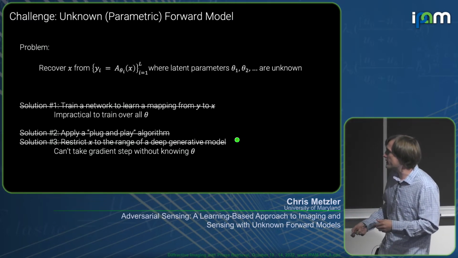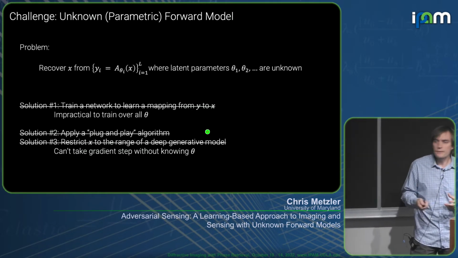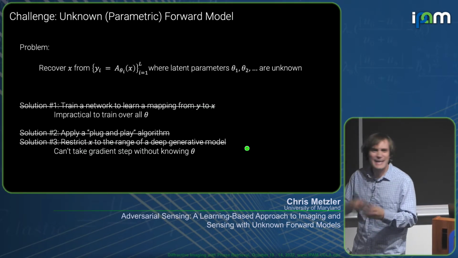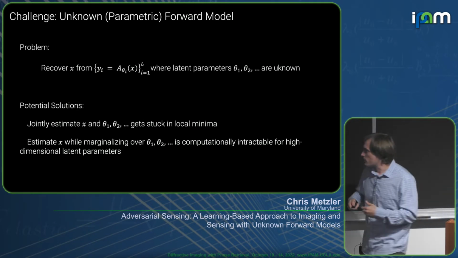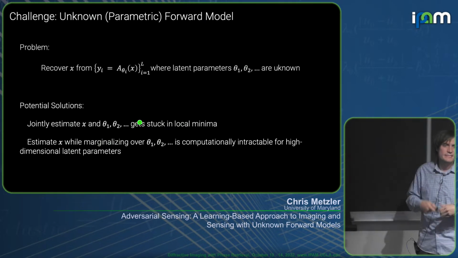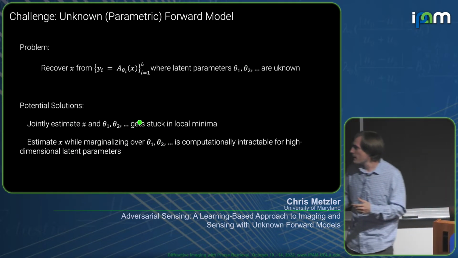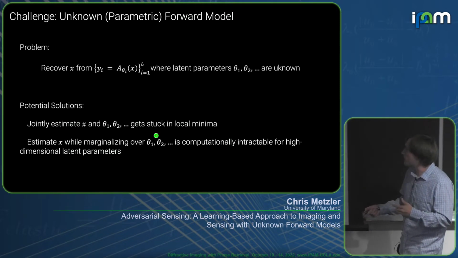Plug and play and restricting yourself to the range of a deep generative model are also challenging, because you can't take a gradient step if you don't know the latent parameter. Potentially you could jointly estimate the signal and the latents, but this is prone to get stuck in local minima. Alternatively, you could marginalize over the latents.